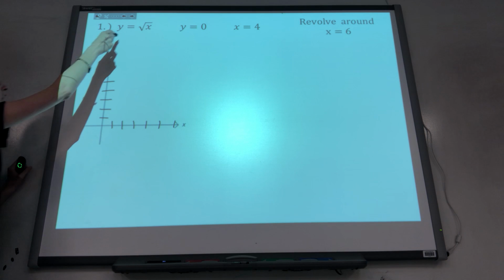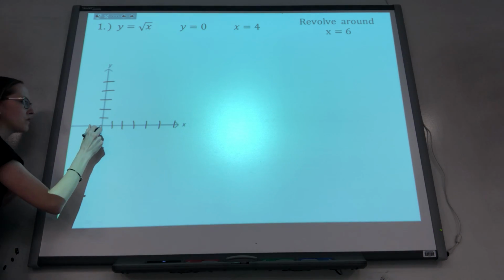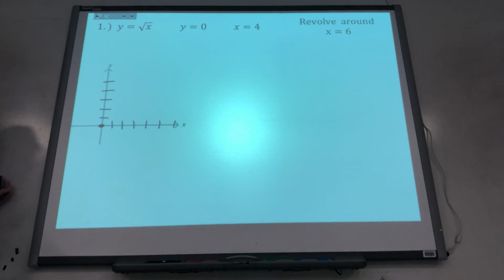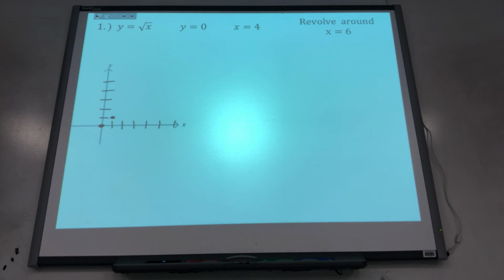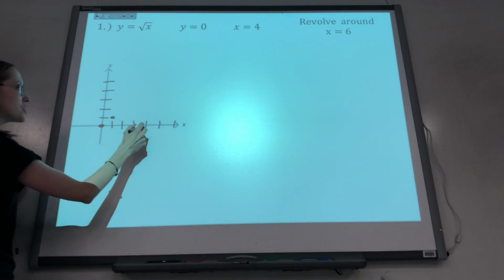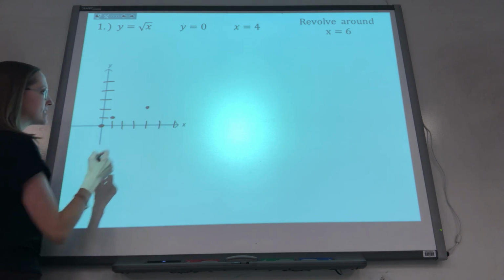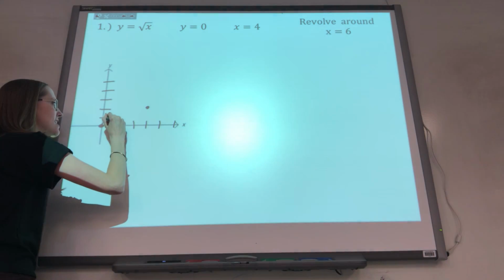But this is our parent graph of a square root. It's going to start at the origin, and it's going to sprout. So 1, 1 would be our next point. 4, 2 is the next nice point.